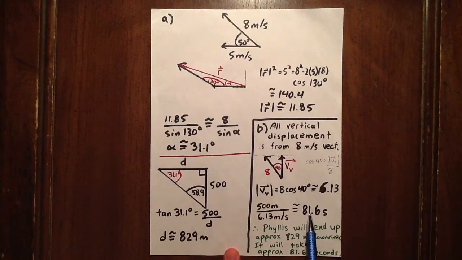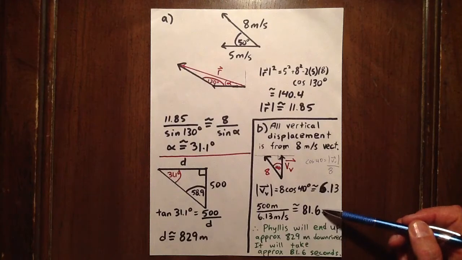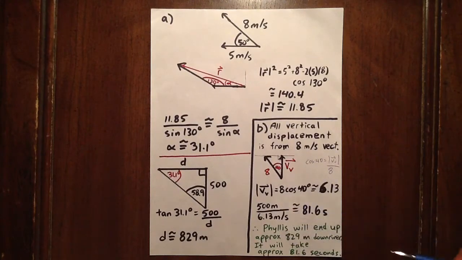Well, the time vertically is going to equal the time horizontally. There's only one time. So in other words, since distance over speed equals time, we can say also that distance vertically over speed vertically equals time. 500 over 6.13 equals 81.6, and the units take care of themselves.